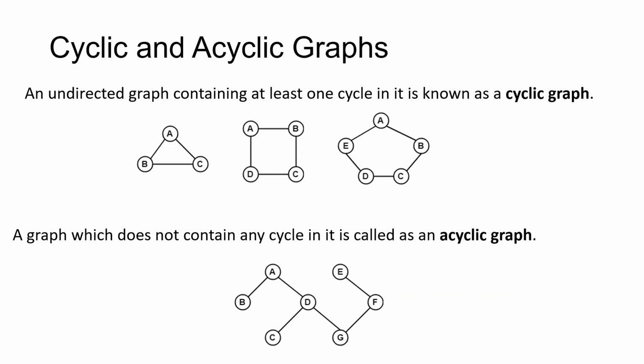Now consider an undirected graph. A graph containing at least one cycle is known as a cyclic graph, while a graph which does not contain any cycle is known as an acyclic graph.